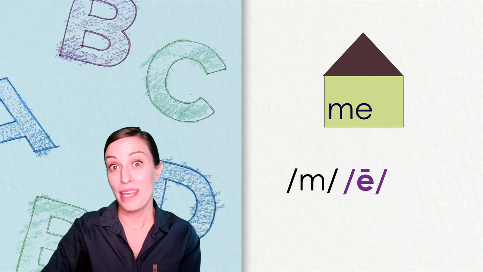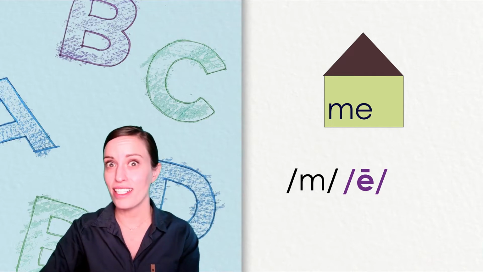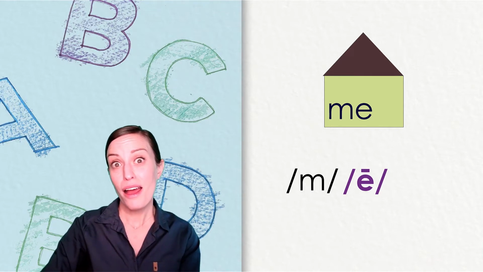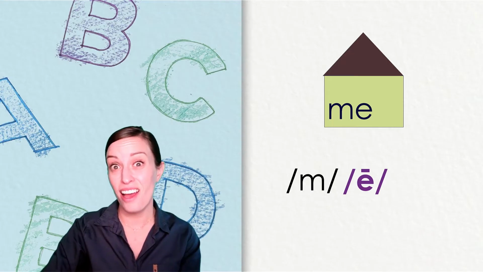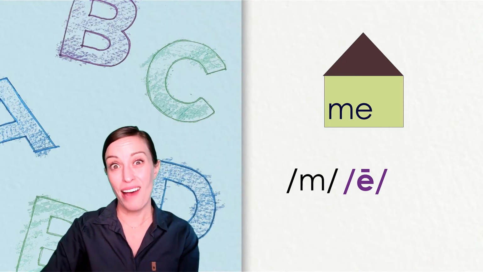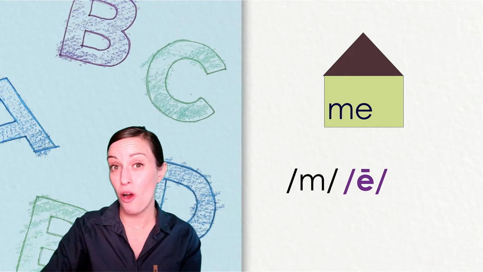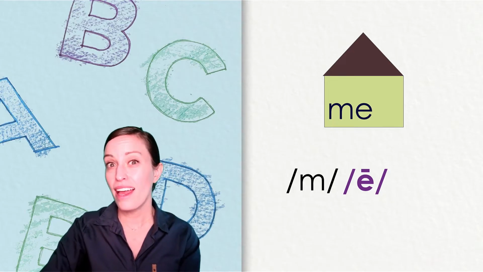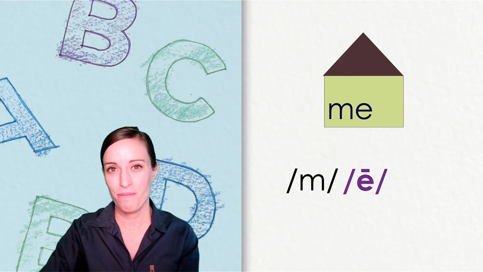In the word me, there is not a consonant after the vowel, so the vowel is not closed in. That means the E can shout its name for all to hear. When you look at the house, you can see that the door has opened, and that makes this an open syllable word. And open syllables have long vowel sounds.